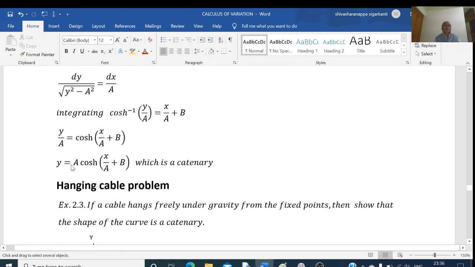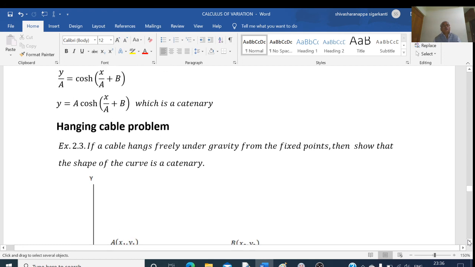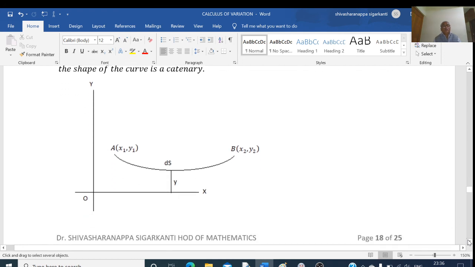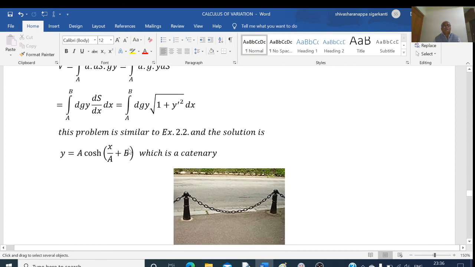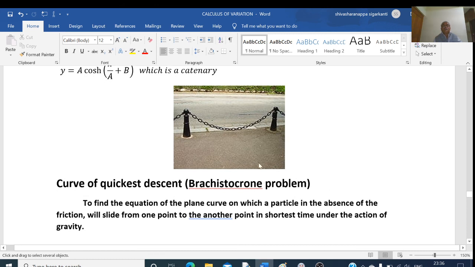So proceeding as in example 2.2, we get the solution as y equal to a into cos hyperbolic x by a plus b. This is the solution, and this is the image of the catenary. So catenary looks like this.